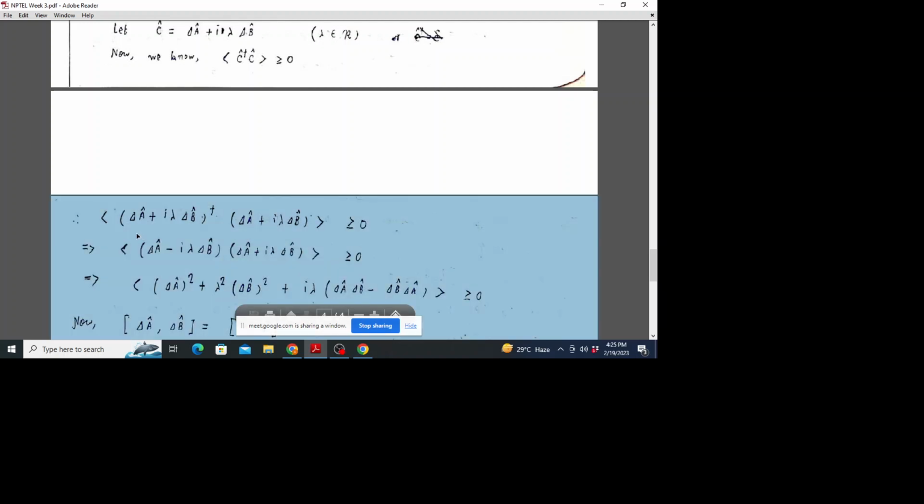Since the C dagger C expectation value is non-negative, now we use this explicit formula for C. Of course, now take this dagger and you will get this. So C dagger will be this one.